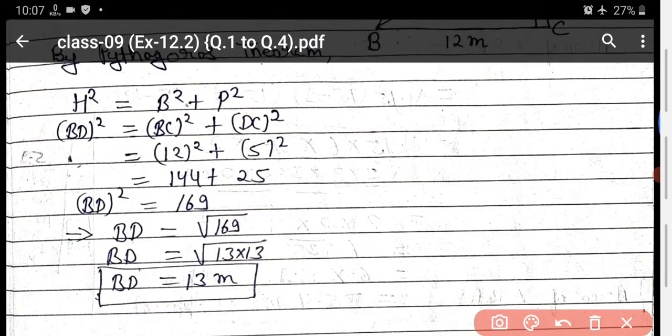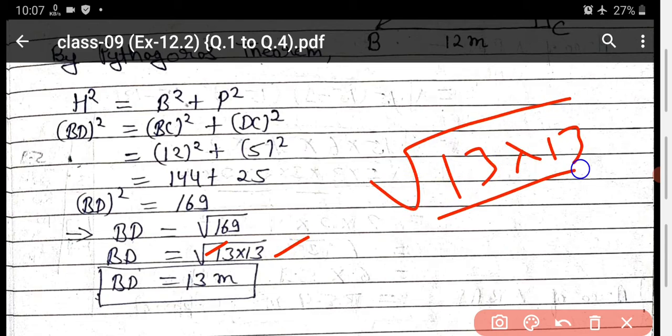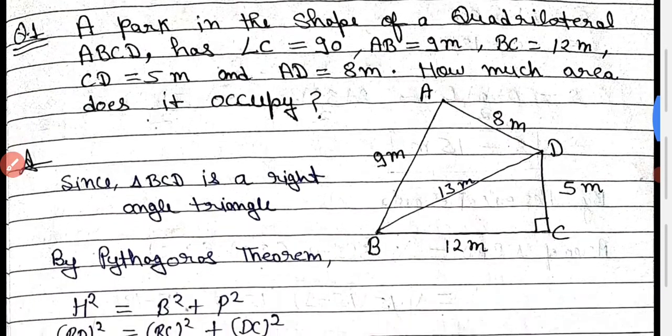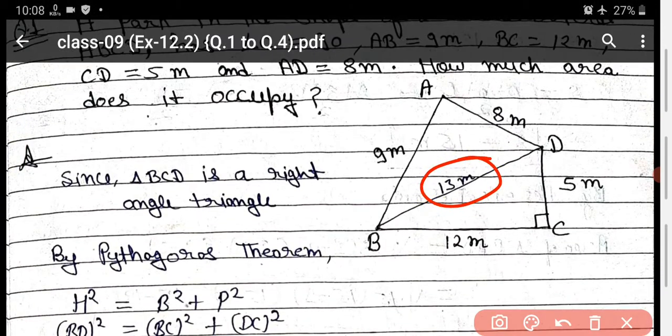When you factorize 169, it becomes 13 into 13. For solving under the root you take out the pair, so 13 comes out. So what is the value of BD? BD is equal to 13 meter.